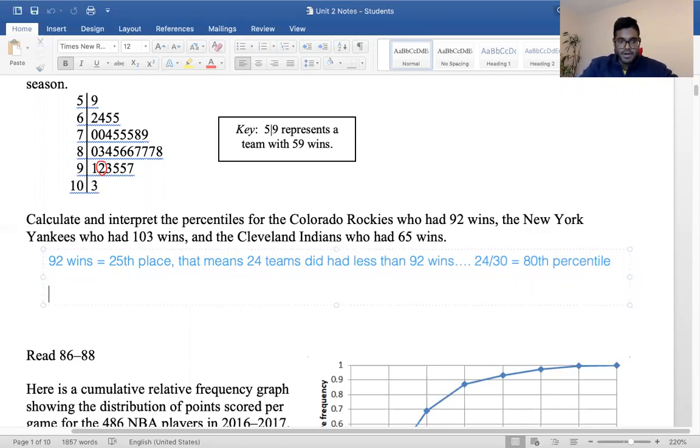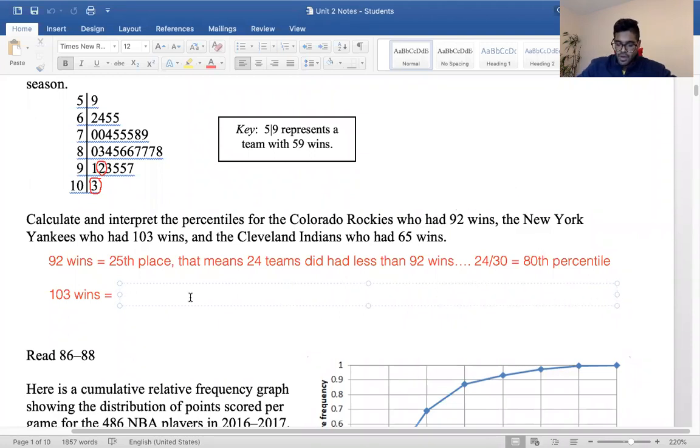Okay, now let's keep going on. The next interesting one is going to be the New York Yankees that had 103 wins. 103, this is the last value. And so now, what does this mean?